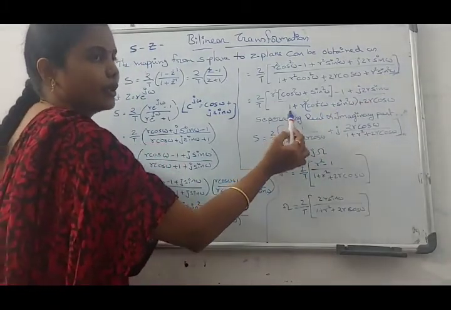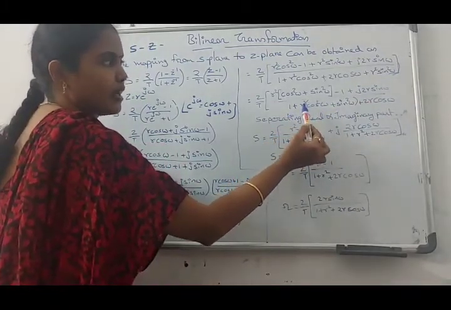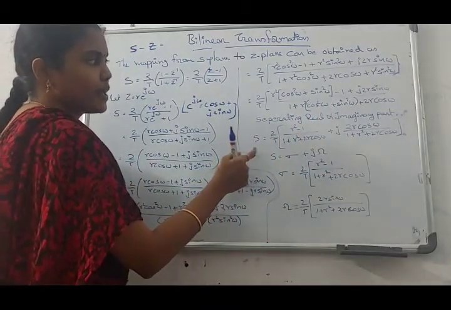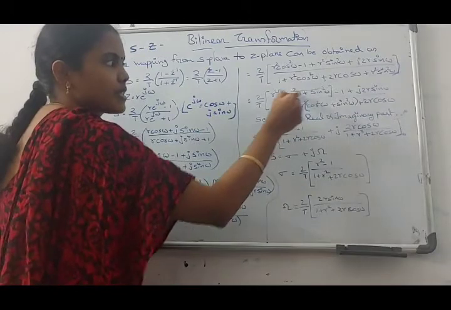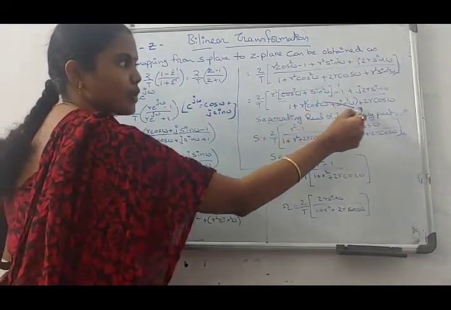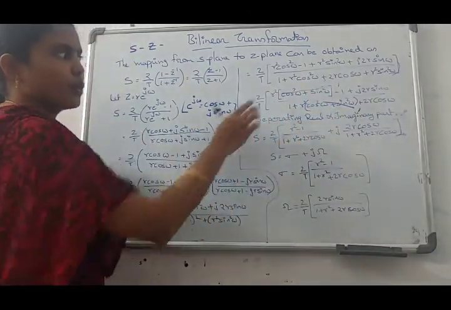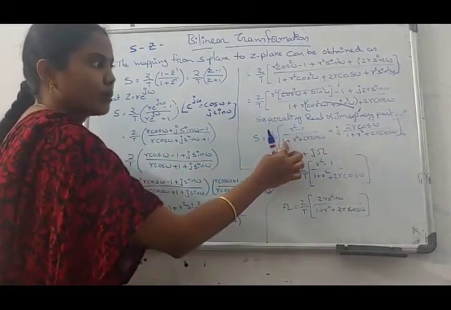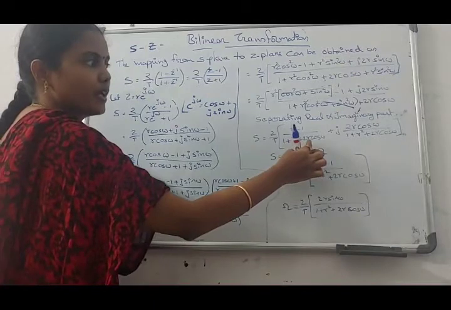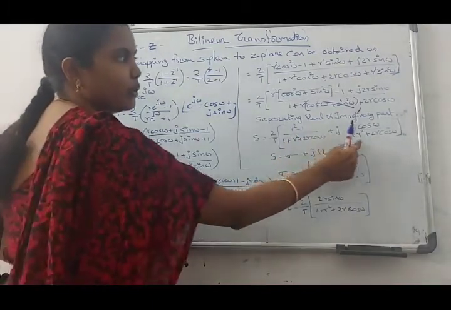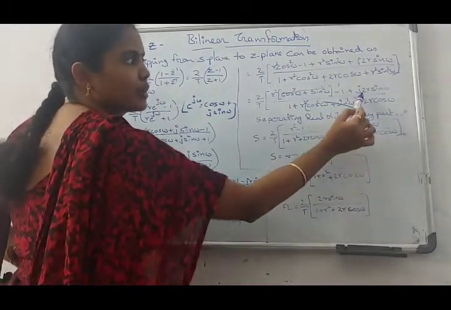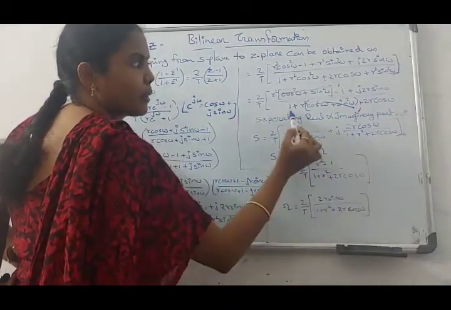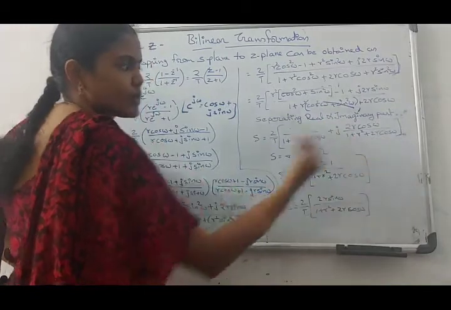Now separating the real part and the imaginary part: cos square plus sin square is 1, so the real part is (r square minus 1) divided by (1 plus r square plus 2r cos omega). The imaginary part is j 2r sin omega divided by (1 plus r square plus 2r cos omega).